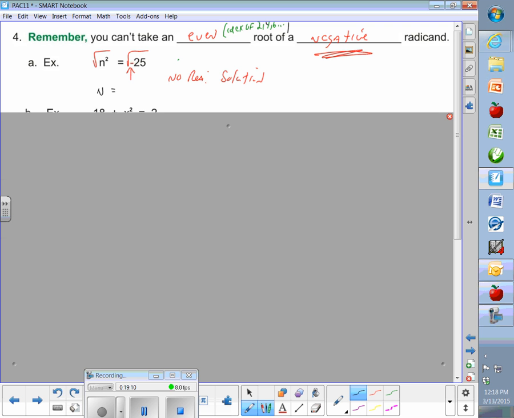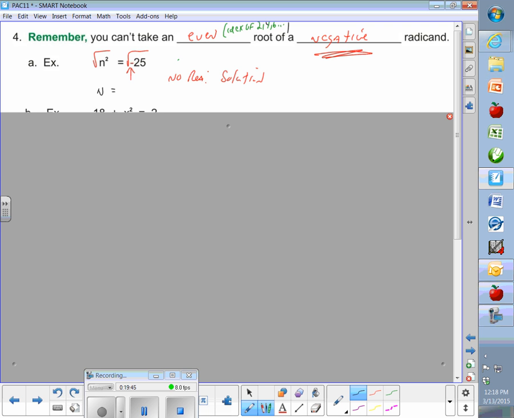A negative 5 times a negative 5 is a what? Positive 25. Is a positive 25 the radicand? No, it's a negative 25. Negative 5 doesn't work. You could try positive 5. What's a positive 5 times a positive 5? Positive 25. That doesn't work either. That doesn't give us a negative 25 radicand. There is nothing, no real number, in our real number system, that gives you a negative radicand.